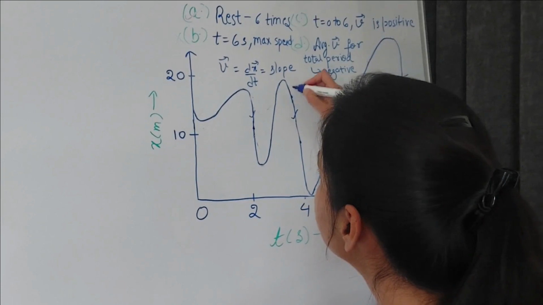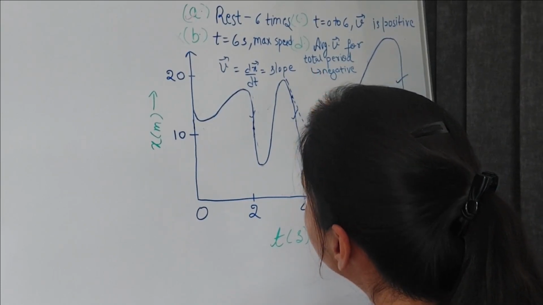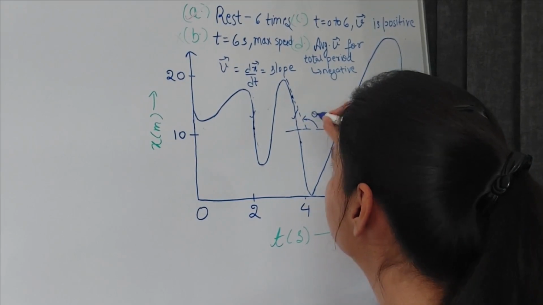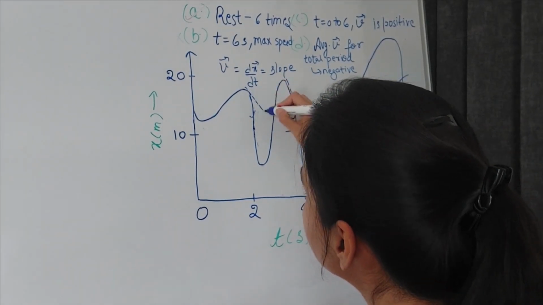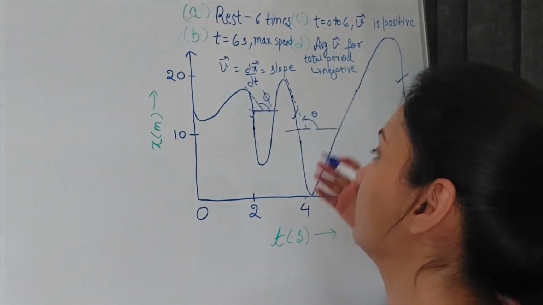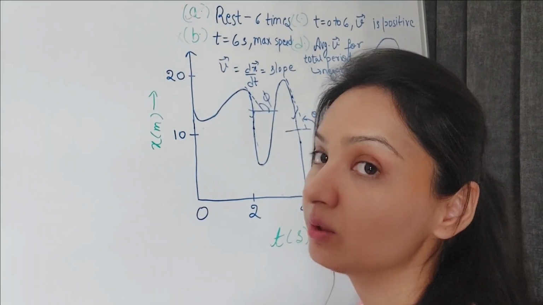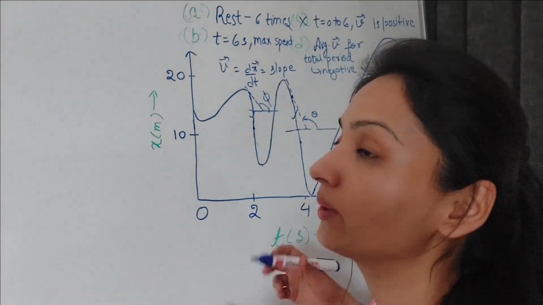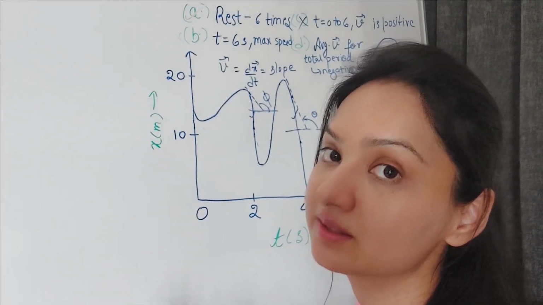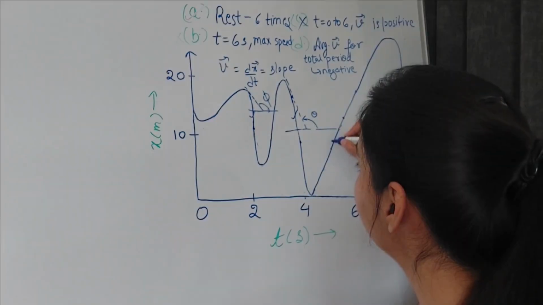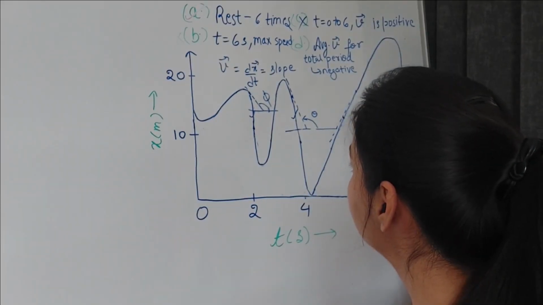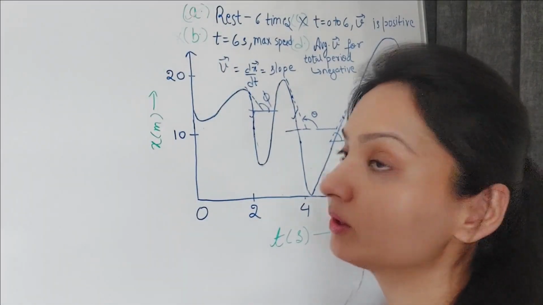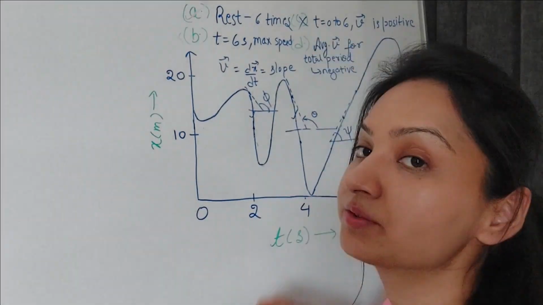If you plot tangents at these points, these will be obtuse angles. These are the points with negative slope and hence negative velocity. So this option is also wrong. We have positive as well as negative velocities on this graph. We already checked here, we had a positive slope, so positive velocity.